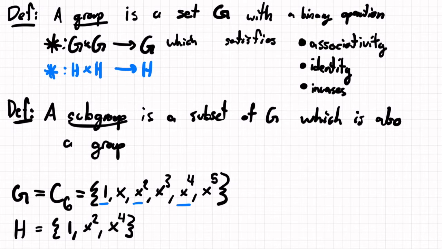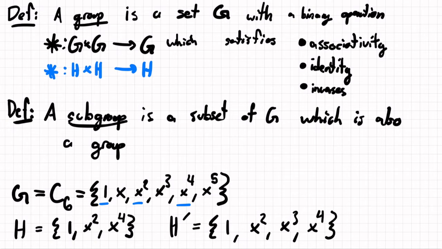So an example of a set that is not a subgroup, let's call it H prime. Let's say 1, x squared, x cubed, and x to the 4th. Now, if I multiply x squared and x cubed, then I will get x to the fifth.